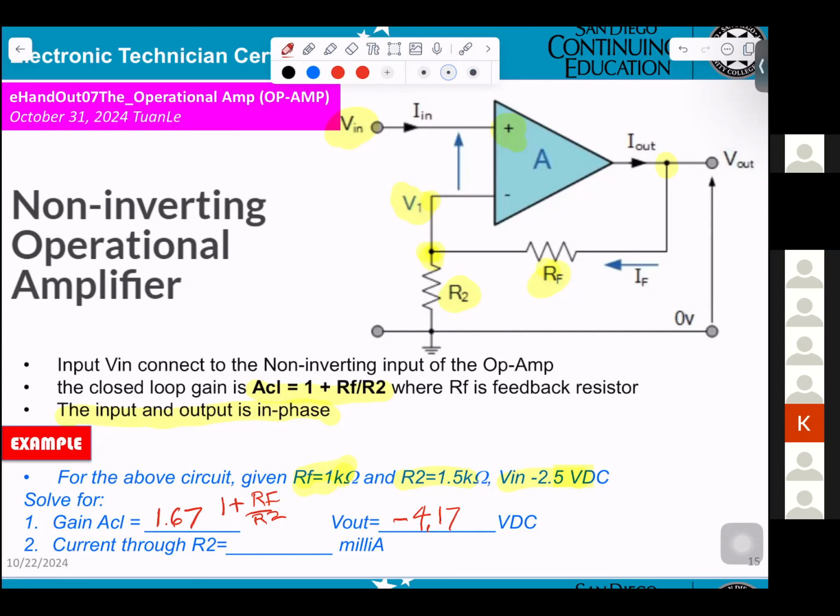Who can calculate the current through R2?